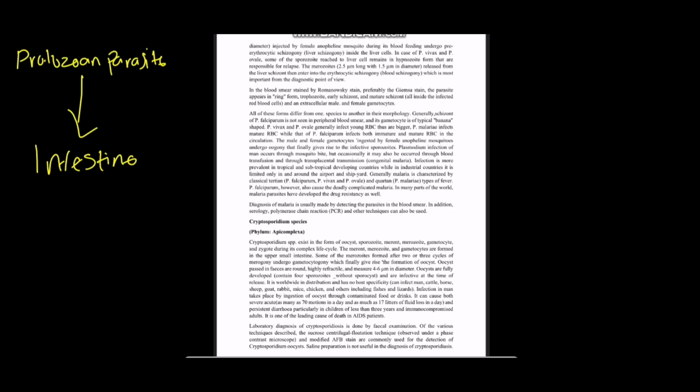And it is mostly transmitted through contaminated water. That is the mode of transmission. So when a person drinks or ingests water that contains the parasite, infection is likely to occur.